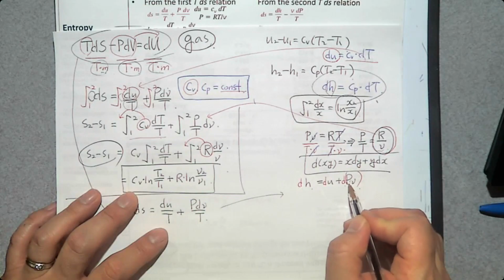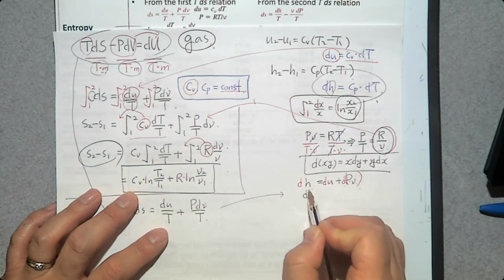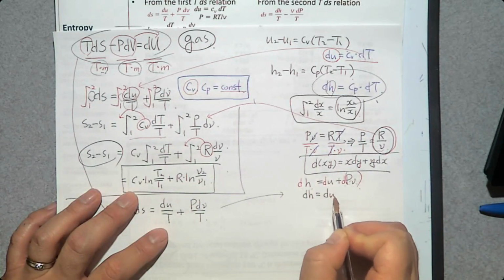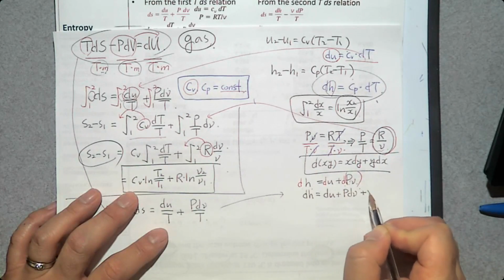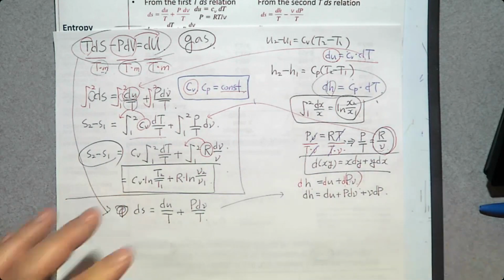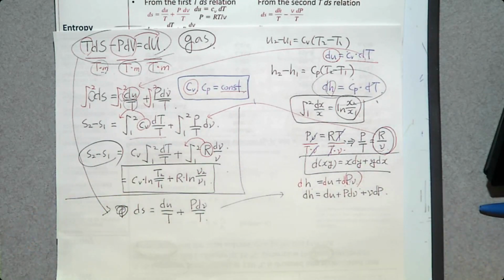Then d(PV) is going to be what? PdV plus VdP. Oh, wait. I saw PdV somewhere here. VdP, I have never seen it. So let's move this one to the other side.